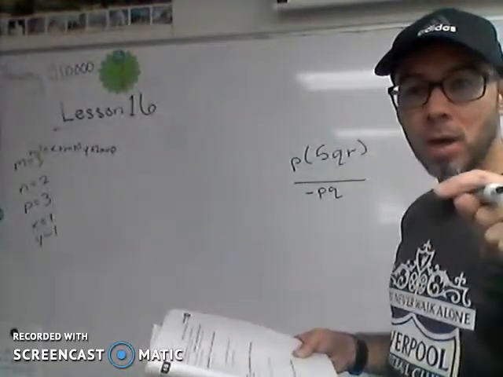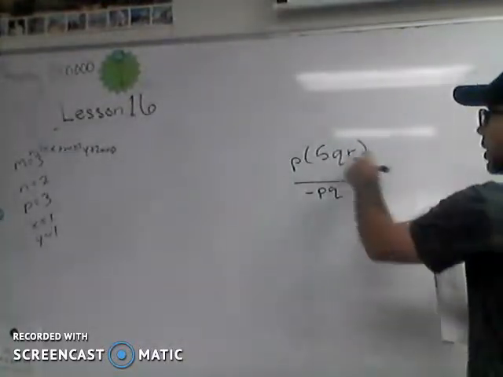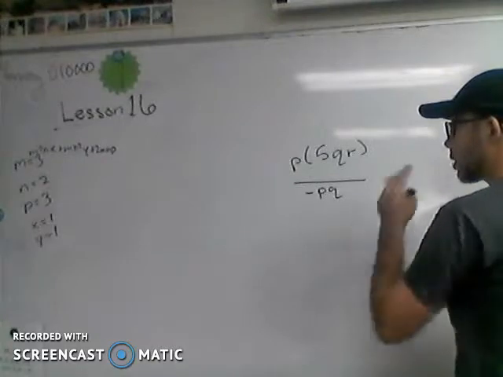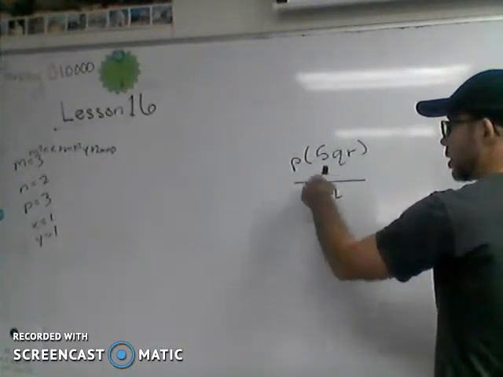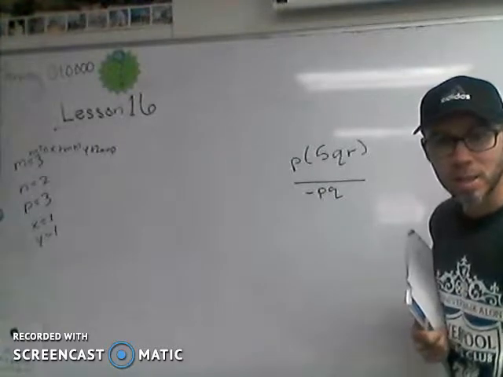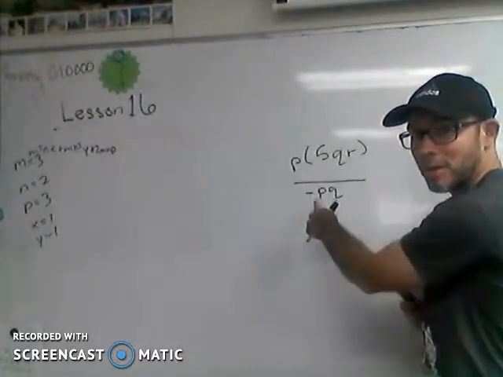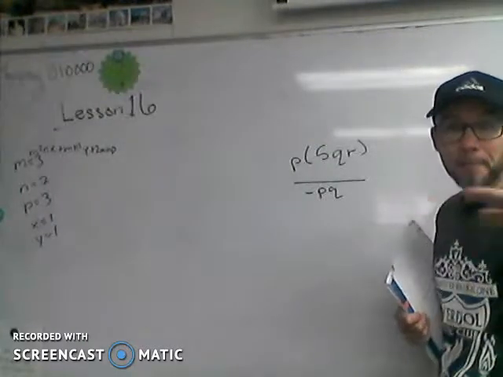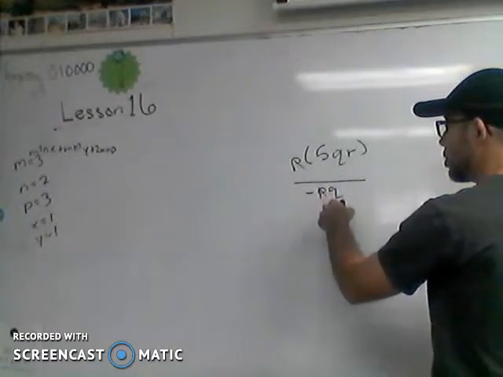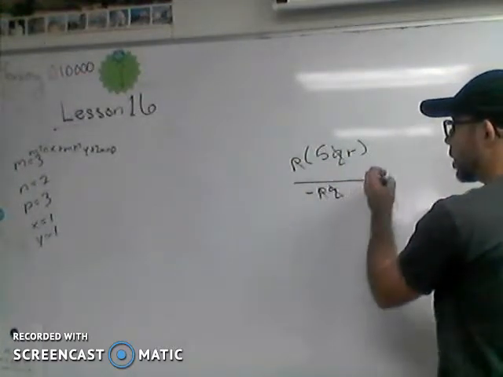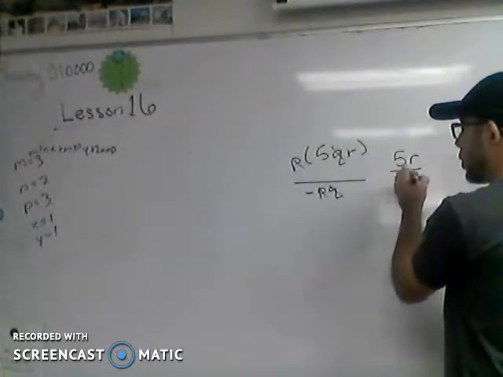All you need are what those letters are equal to, though this one up here at the top probably could do some stuff. I noticed there's a p in the numerator and a p in the denominator, and those could get canceled out. If I have 7 here, I'm going to have a 7 down there, and 7 divided by 7 is 1. So I can simplify that a little bit. And I noticed there's a q down here and a q up there. I can get rid of those as well, and my problem is just 5r over negative p.